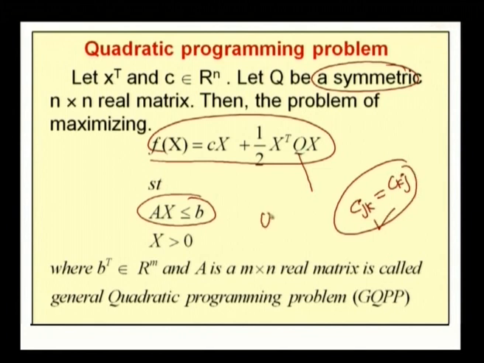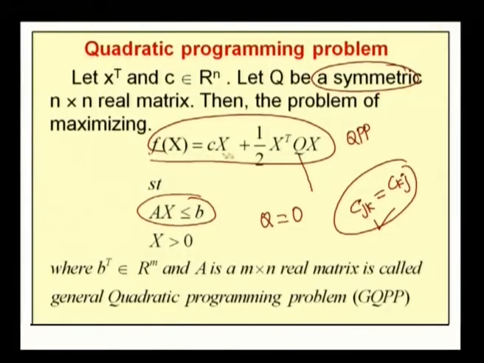Suppose this Q equals 0, that is, a null matrix, then the objective function simply becomes f of x equal to c x. In such a case, the given quadratic programming problem becomes a general linear programming problem.